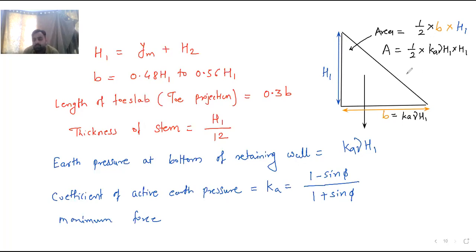So the maximum force is half into Ka into gamma into H1 square. This is the force. So these are some values we need to consider while solving the problem.